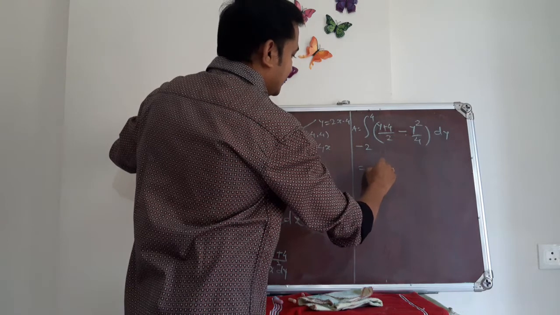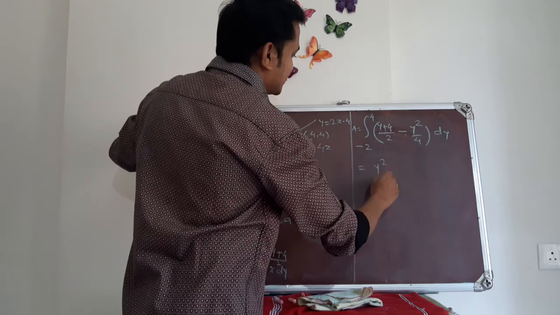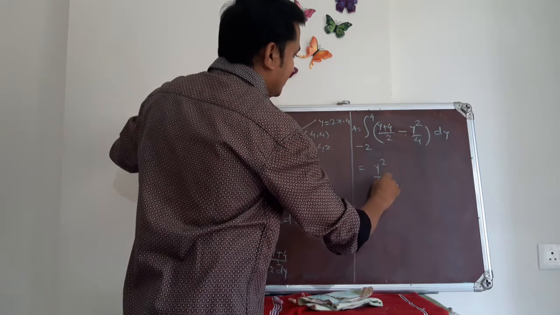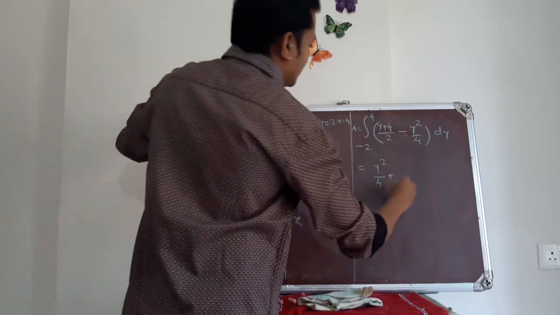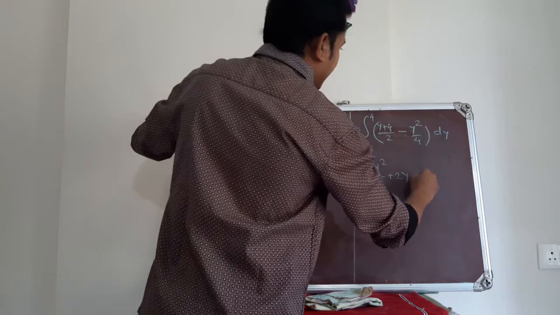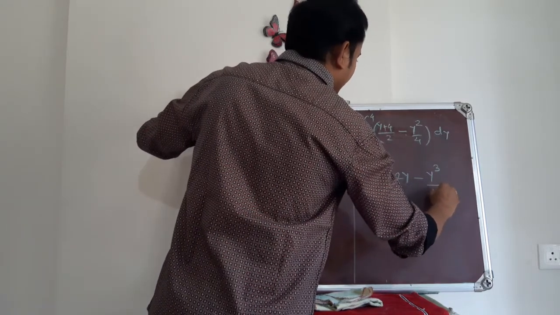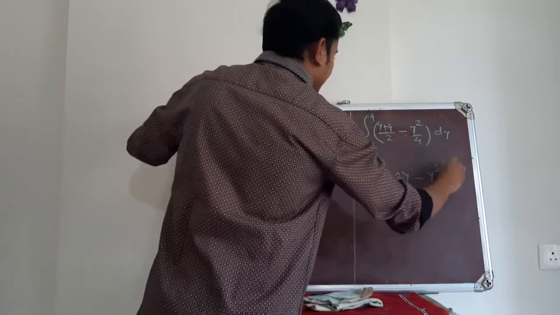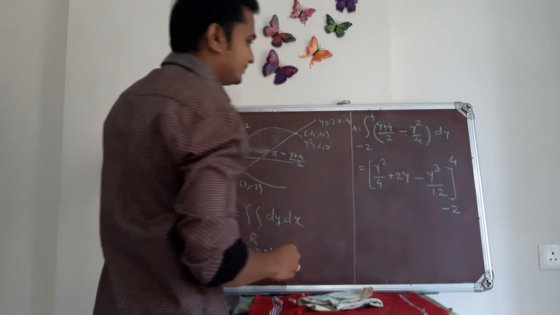So this is y square by 4 plus 2y, minus y cube by 12 with limits -2 to 4.